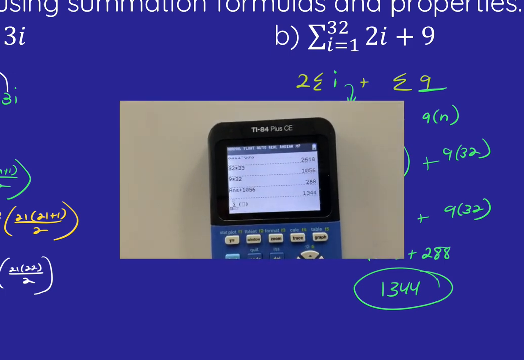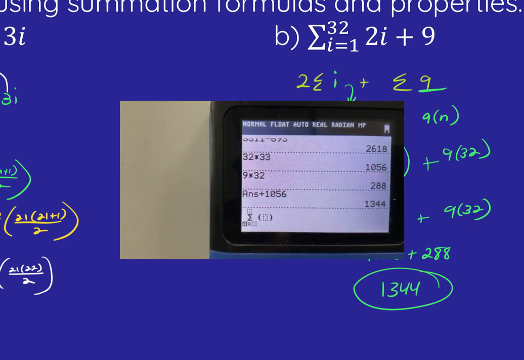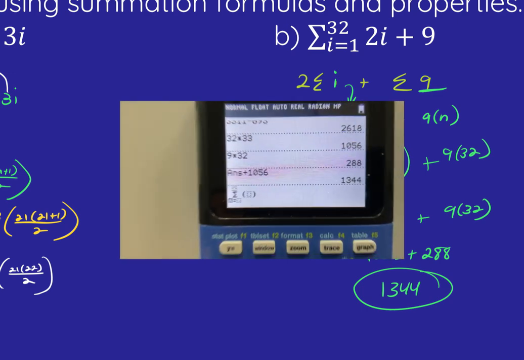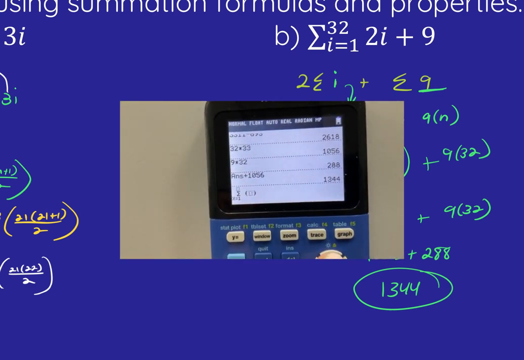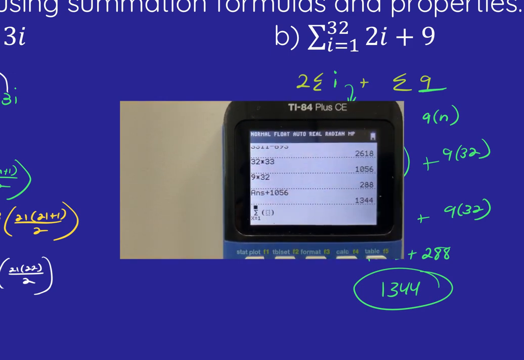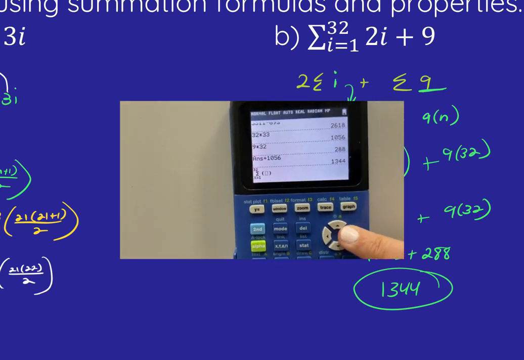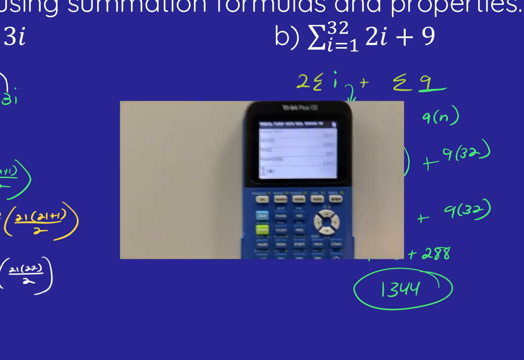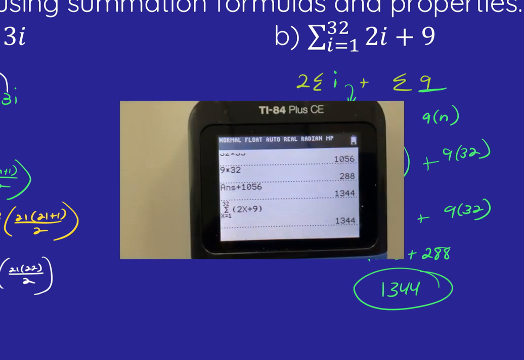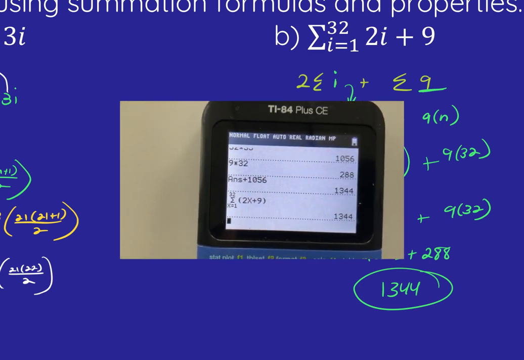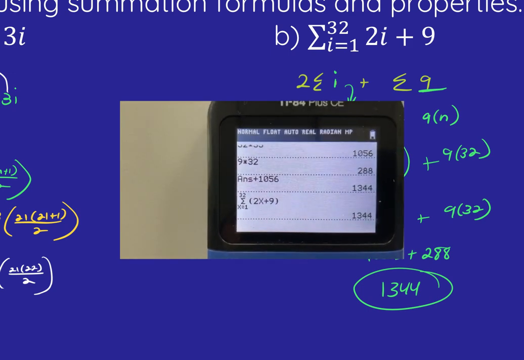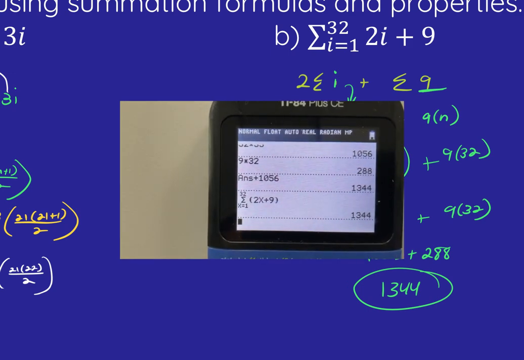If you click on it, it gives you the little sigma. The A is your variable. So even though they use i, we just use X. So I do X equals 1 in the bottom. I arrow up to the top and I do 32. And on the right, I write my equation. 2x plus 9, hit enter. And there's your answer. Which obviously I want you to use to check your answers, but you won't have this to find those answers on your quiz.